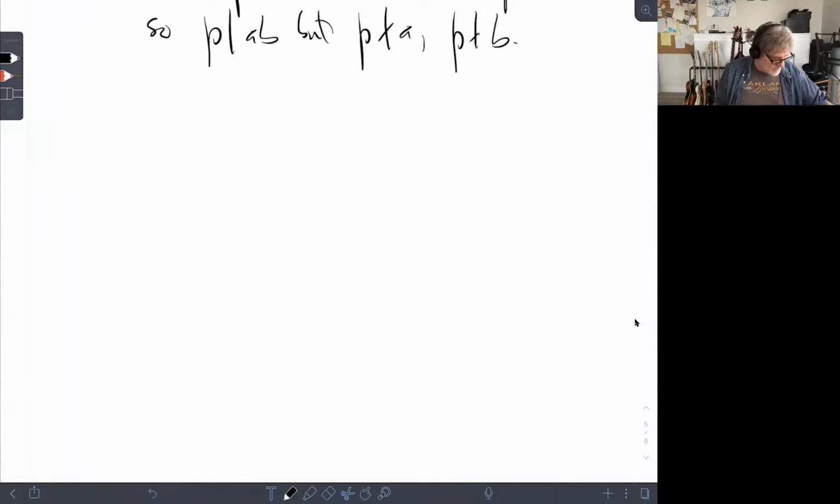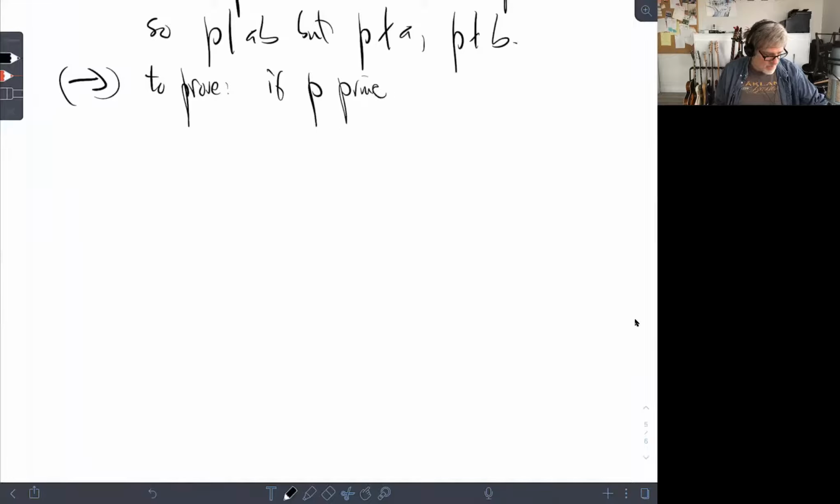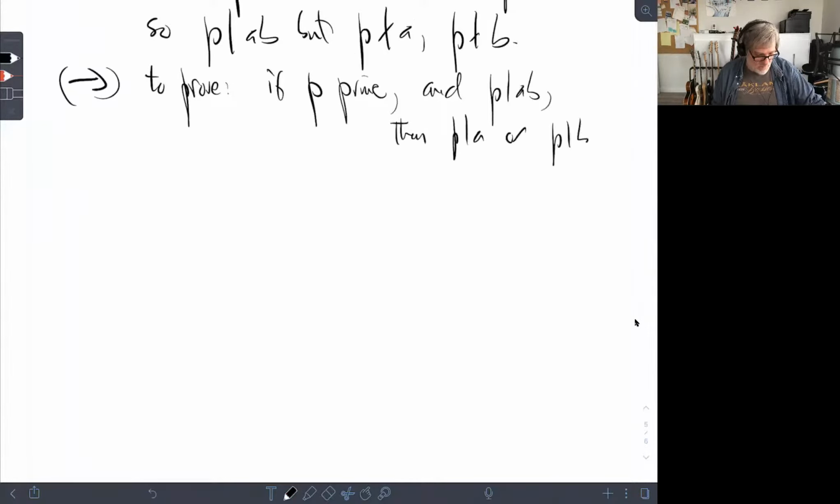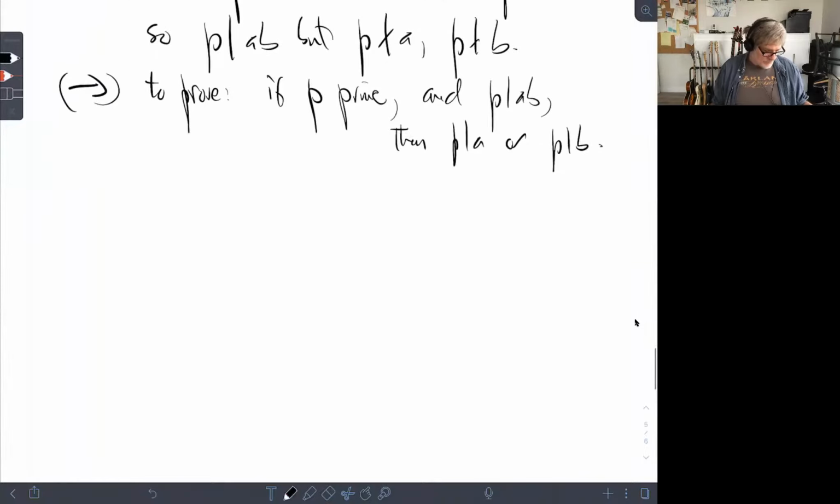The other direction is this: to prove that if P is prime and P divides A times B, any A times B, then P divides A or P divides B. So any prime which divides a product must divide one of the factors. I want to prove that. What was that lemma?